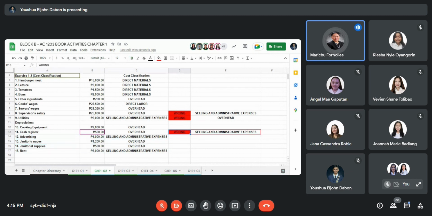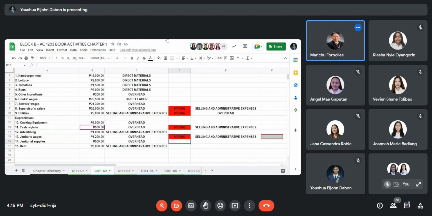Unless the janitor is assigned in the kitchen, then they can charge it to overhead. But since it covers all areas, and it wasn't stated that the janitor is assigned to the kitchen area, number 13 should be selling and administrative expense.